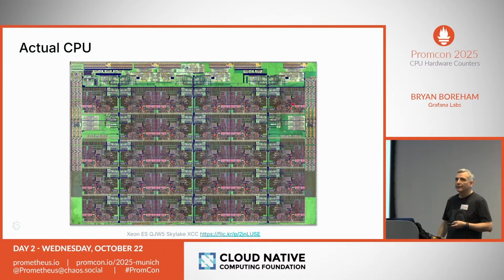So that's the kind of hardware I'm talking about. Other CPUs are available. Basically, the same facilities are available on Intel, AMD, ARM. It tends to be on the server parts, maybe less so on the desktop parts.